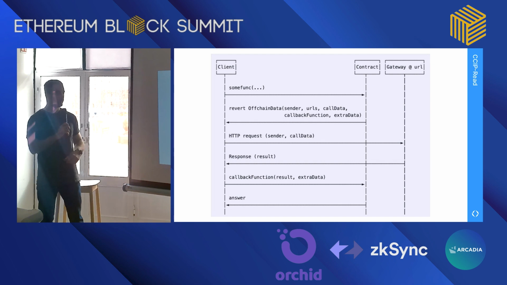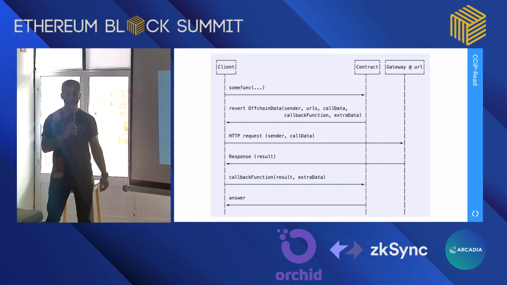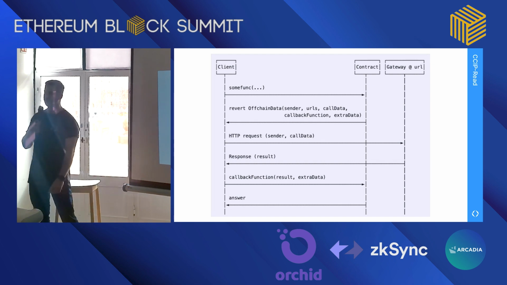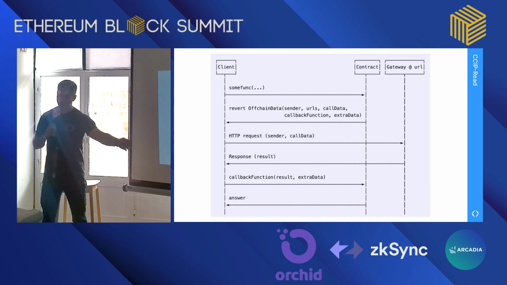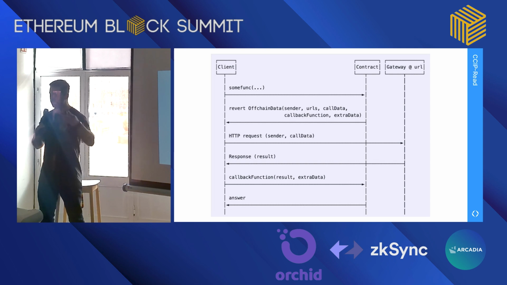So what is the primitive of the token release? The message passing. We said, okay, we are not doing anything with the tokens, so let's get rid of this and just use the message passing. Because message passing is basically just a way to communicate between the L1 and L2.